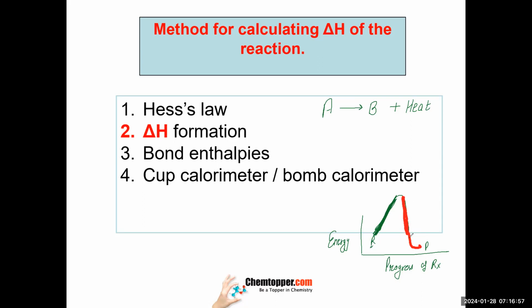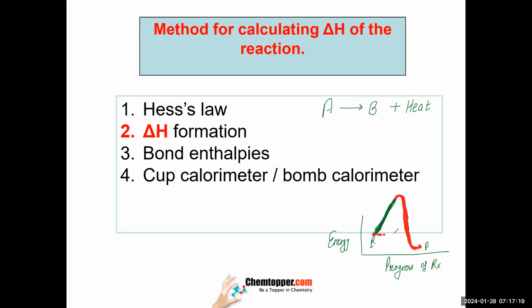Sanjana, this red one. Energy needed or released? Released, yes. It's going down, it's released. Now, in this energy profile, what is more? Released is more or needed is more? Released is more.